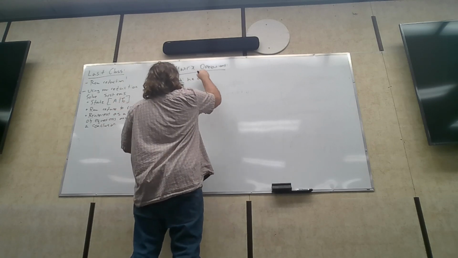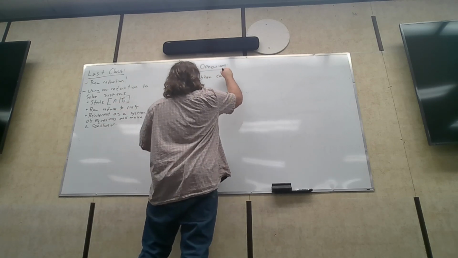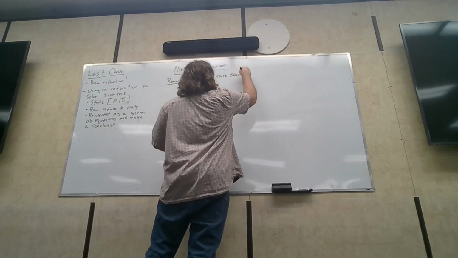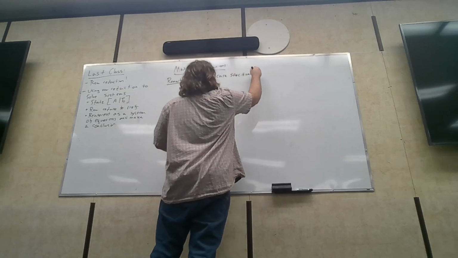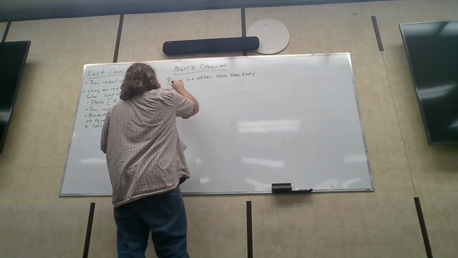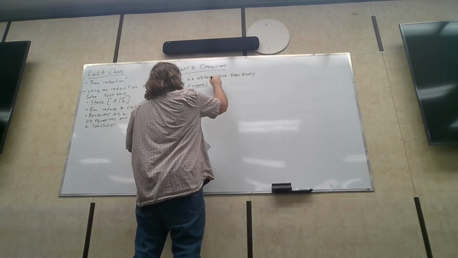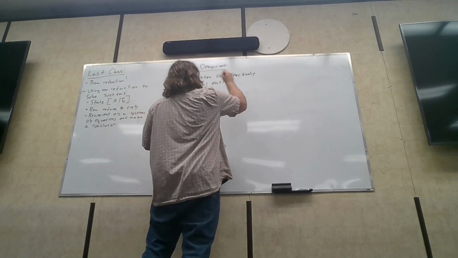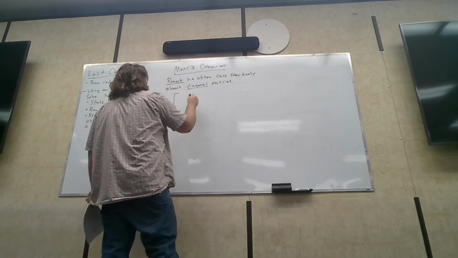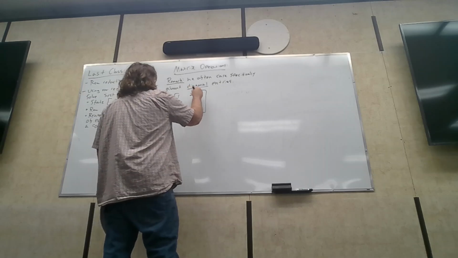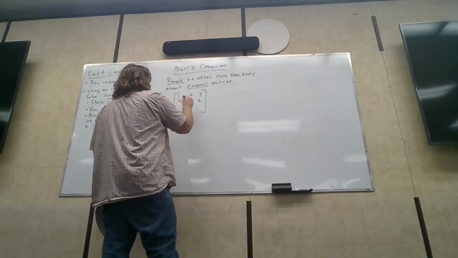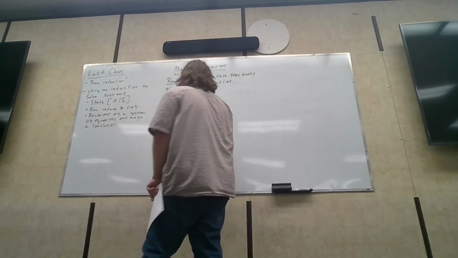We often care specifically about diagonal entries. So what is a diagonal entry? Well, you'll have a square matrix like this.